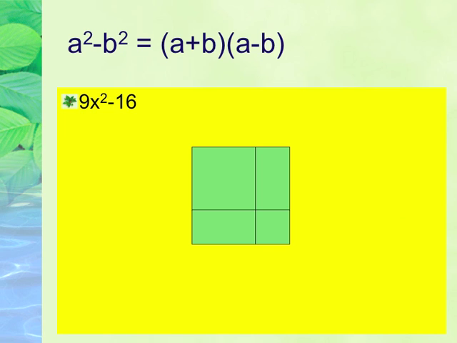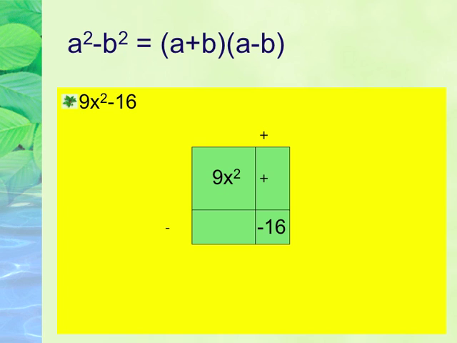If we do this with an area model, I know that the first square needs an area of 9x squared, the last square needs an area of negative 16, and the remaining two squares need to cancel each other out. So I know that one of these factors along the side is going to need to be negative, and one of them is going to need to be positive, because the bottom right-hand corner ends up as a negative 16.